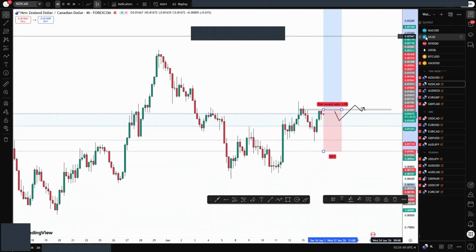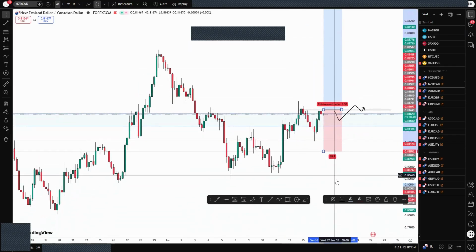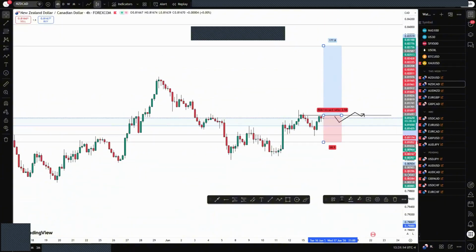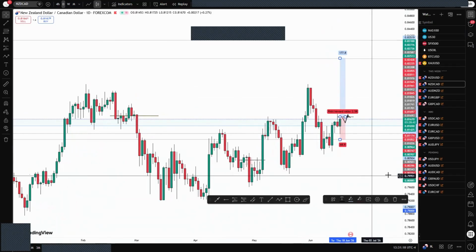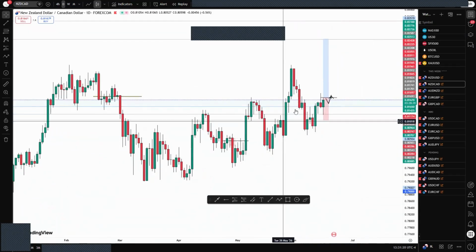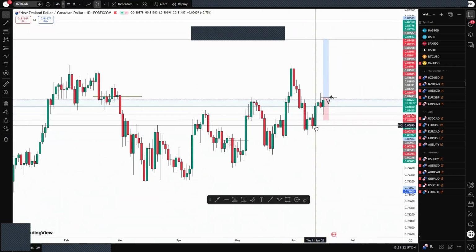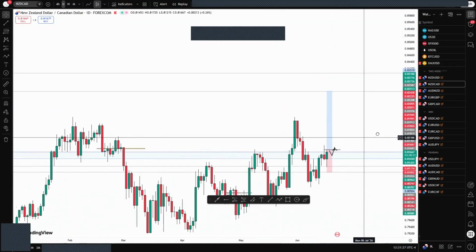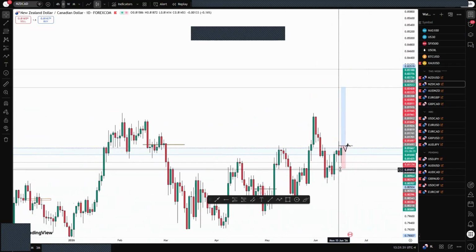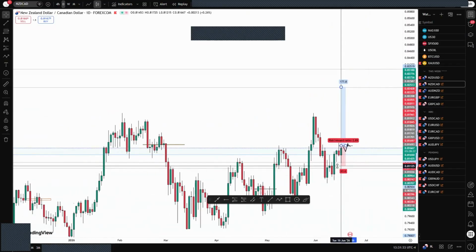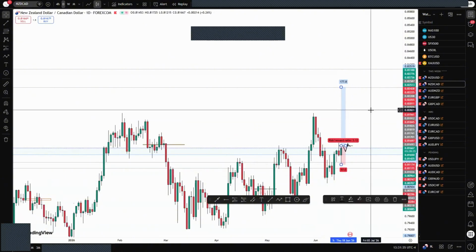So I can just enter here based off this daily engulfing, and that's all.